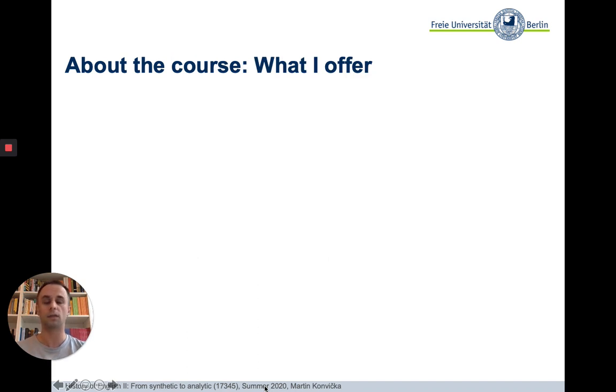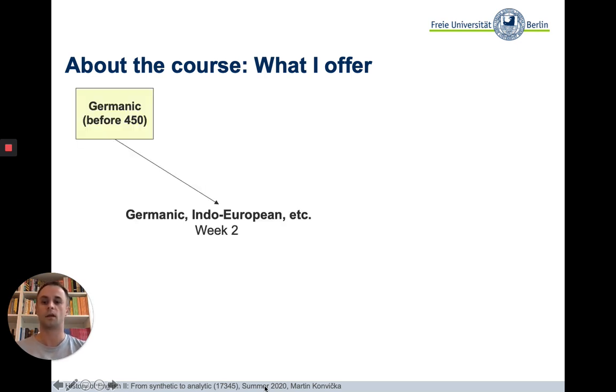Now, what I actually offer to you in this course. As the title already says, we're going to have a look at the history of English. So next week, we're going to discuss Germanic, the variety that existed and was spoken by the Germanic tribes before Old English developed.